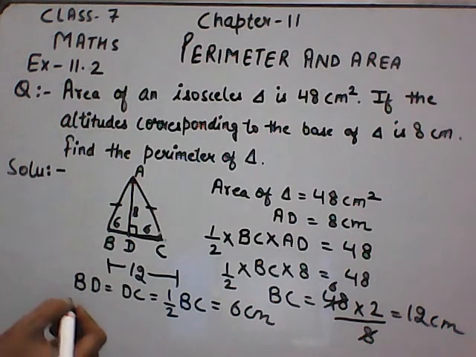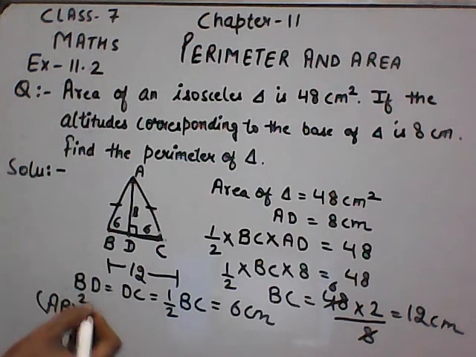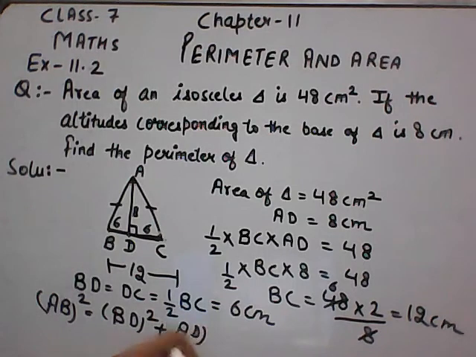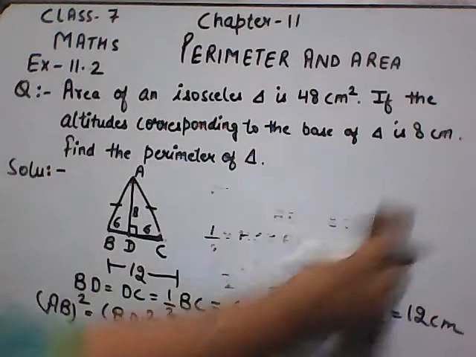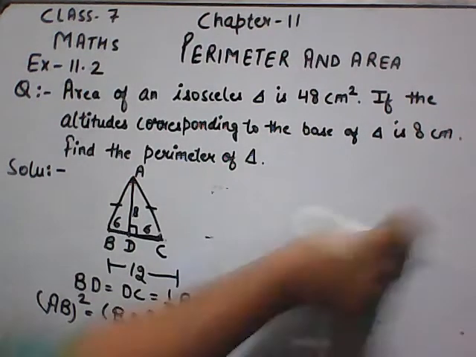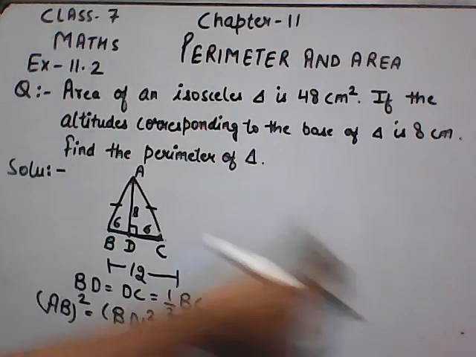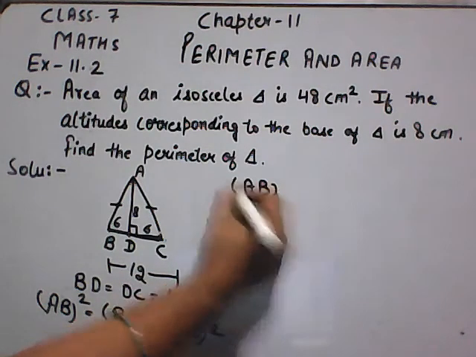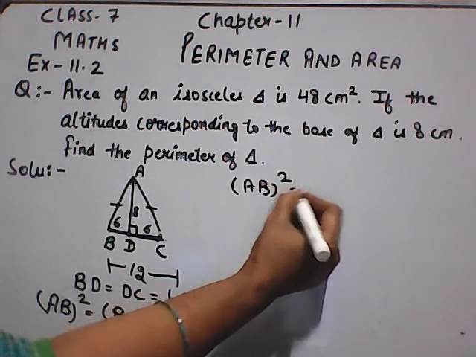Here AB square is equal to BD square plus AD whole square. Now BD is 6 centimeter, AD is 8 centimeter.